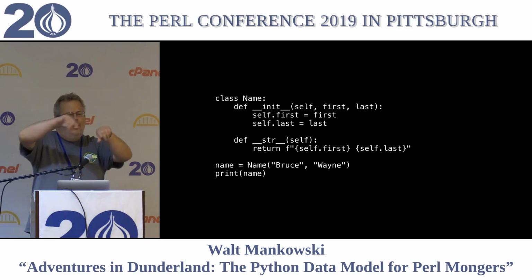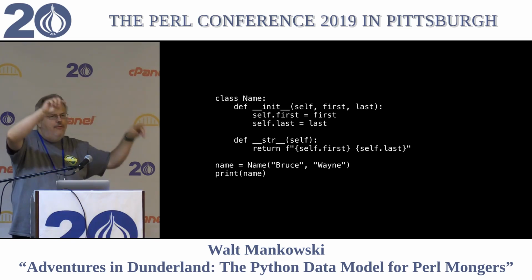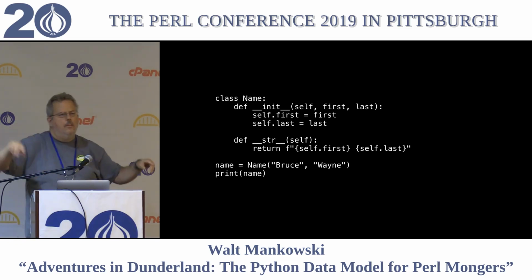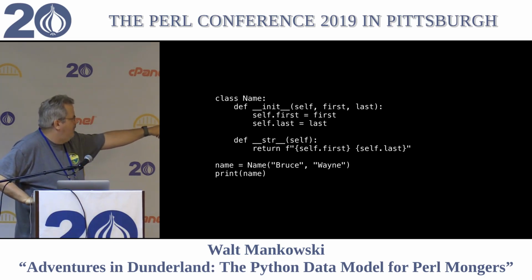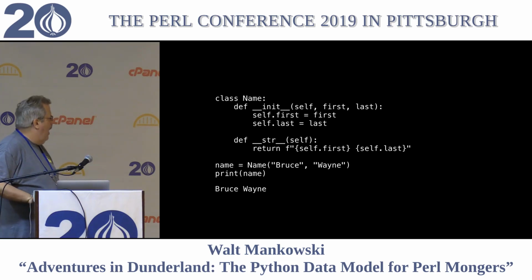It lets you do variable interpolation inside of a string. So when you have an F, an opening quote and an end quote, anything inside curly braces gets interpolated. So I'm just going to make a string with self.first, a space, and then self.last. And now when I print it out, I get Bruce Wayne.